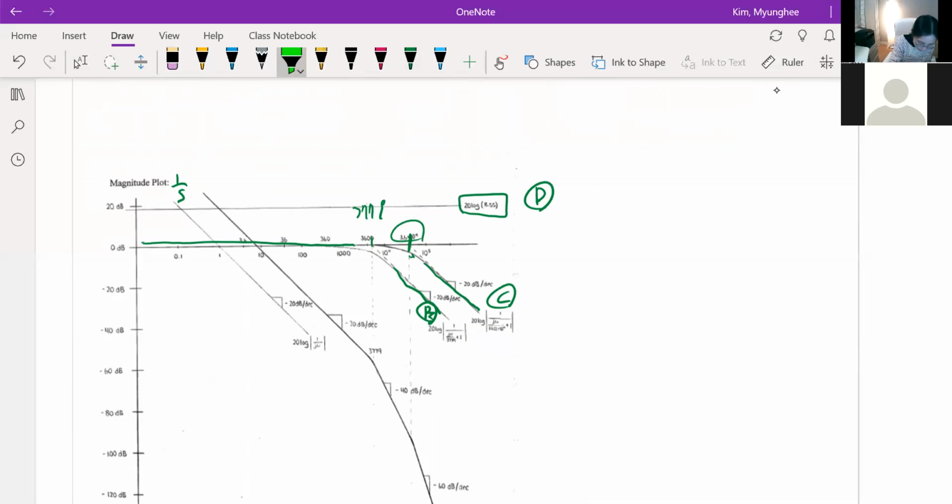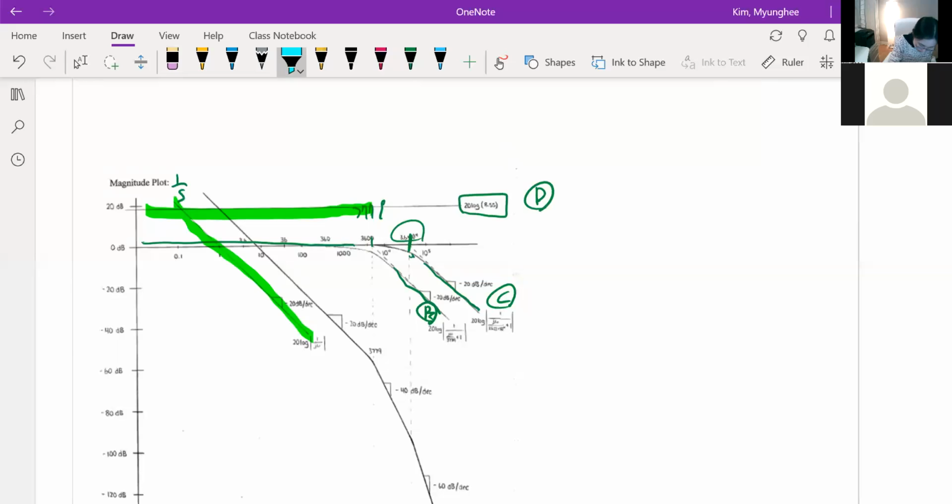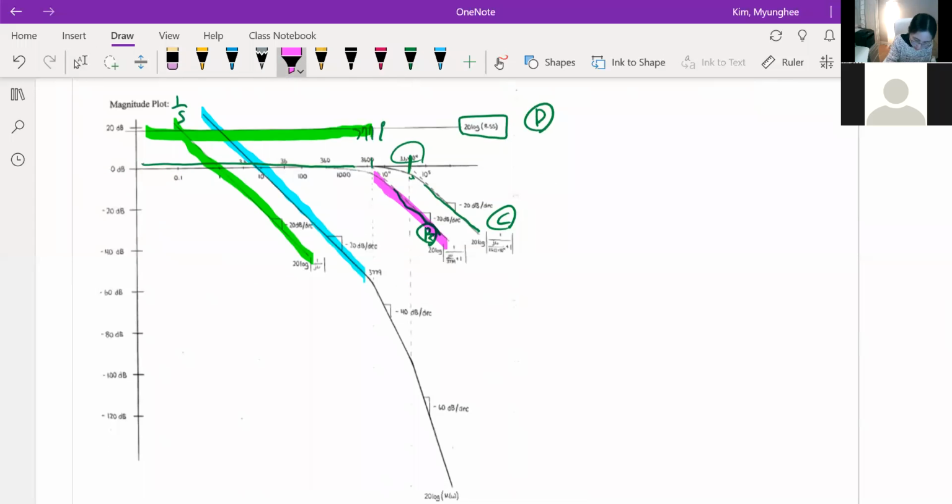So if you add 1 over S to this, it becomes something like this, just shifted. But starting from here, now you need to add this guy to the blue part.